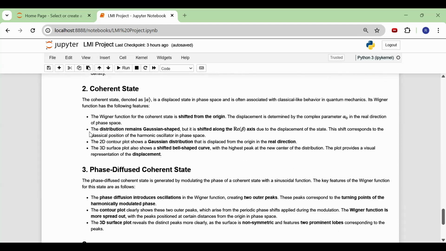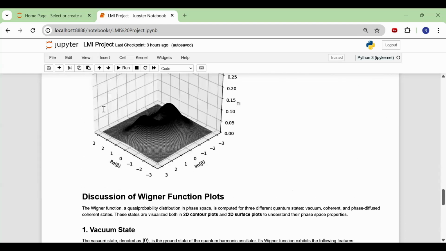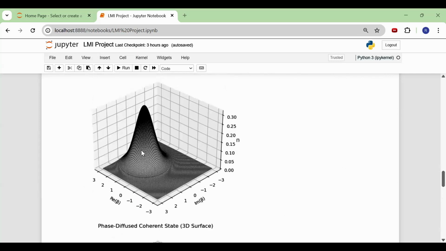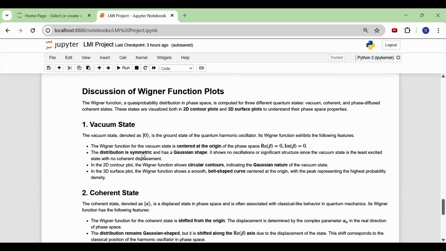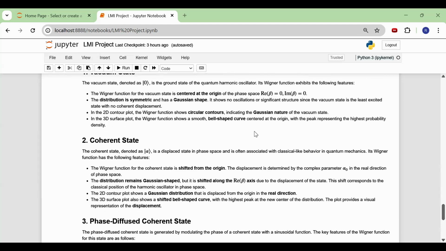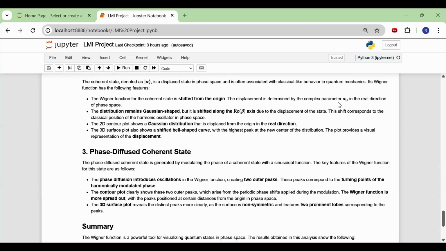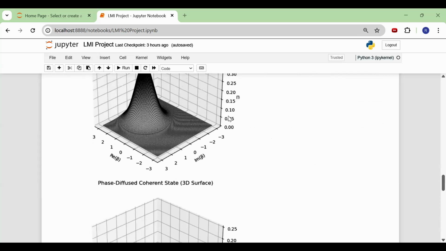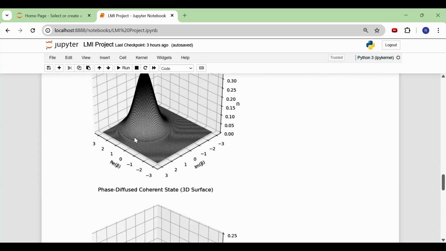The distribution remains Gaussian in shape, but it is shifted by alpha along the real axis, not along the imaginary axis.